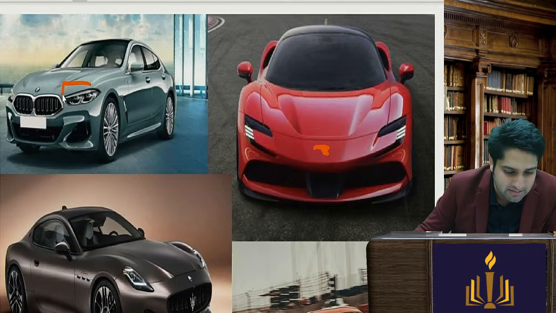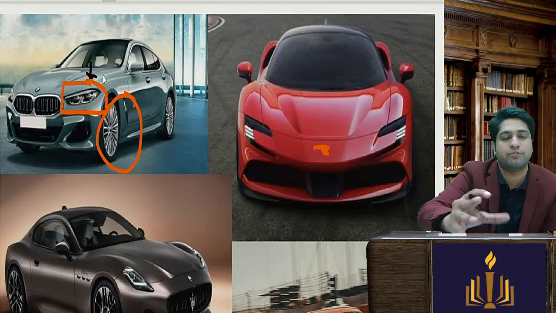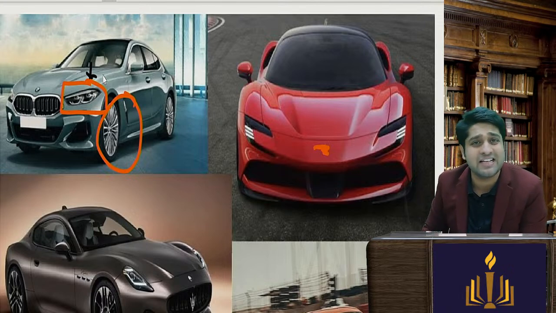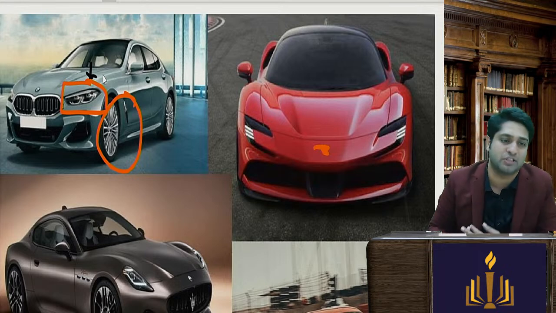Similarly, just by looking at the wheels or the shape of the headlights, you can immediately figure out which car manufacturer it is.